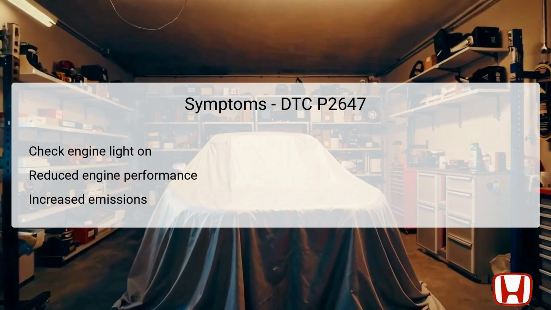Increased emissions could also occur due to improper valve timing caused by the malfunctioning switch, potentially leading to failed emissions tests. These symptoms indicate that the vehicle's efficiency and responsiveness are compromised, emphasizing the importance of timely diagnostics and repairs. Ignoring these signs can result in more significant damage and costly repairs down the line.